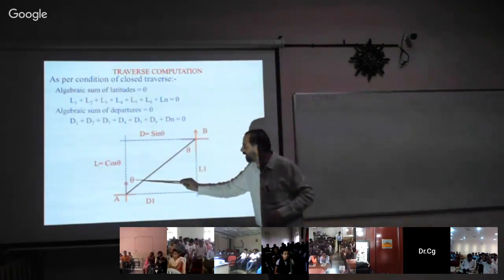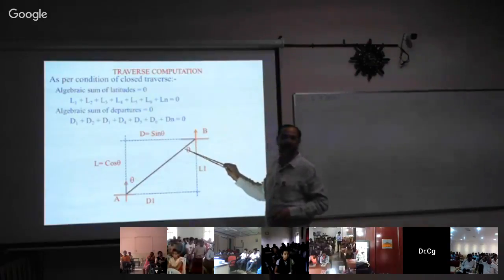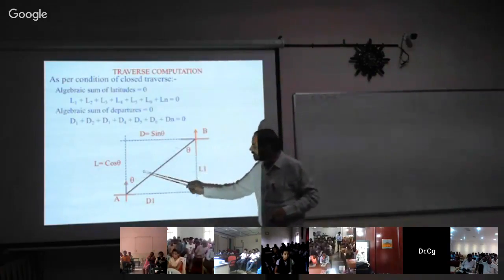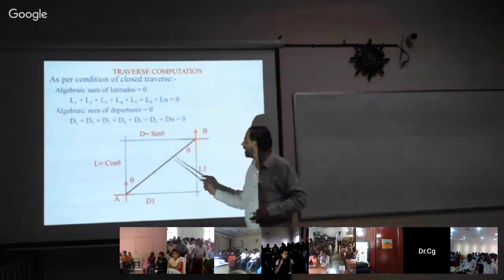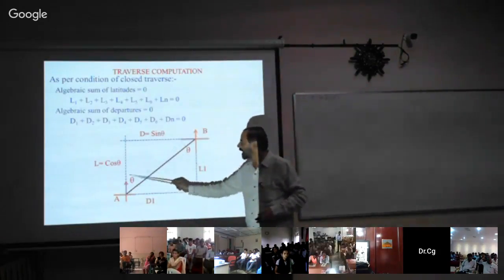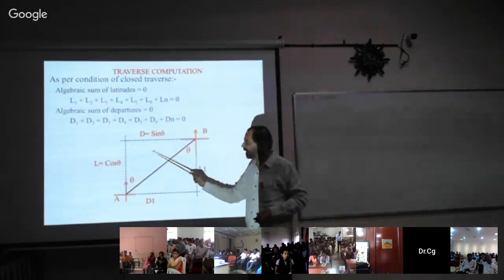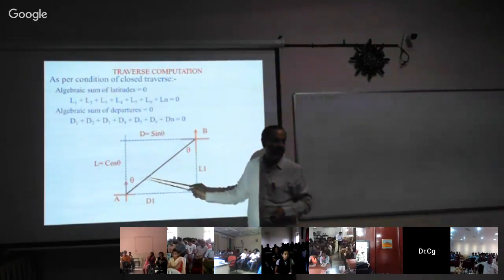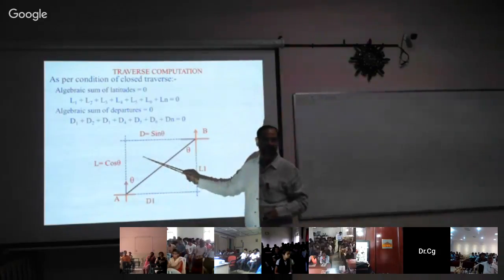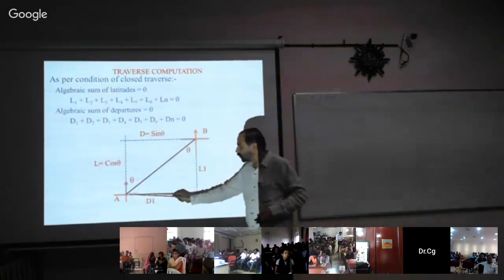Now this is the forebearing and this will be the back bearing. The forebearing in the quadrant system, we can say like this: line AB is north theta east. North theta east is the forebearing.